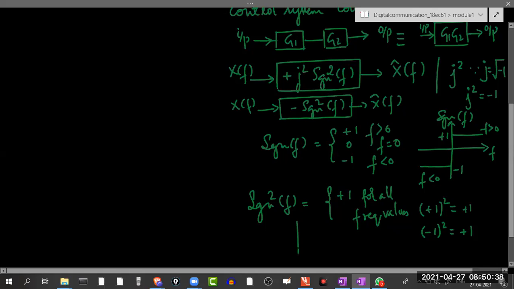So we'll have a horizontal line parallel to the frequency axis whose amplitude value is equal to 1.